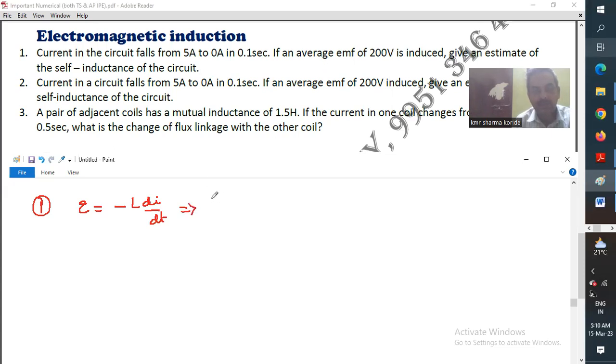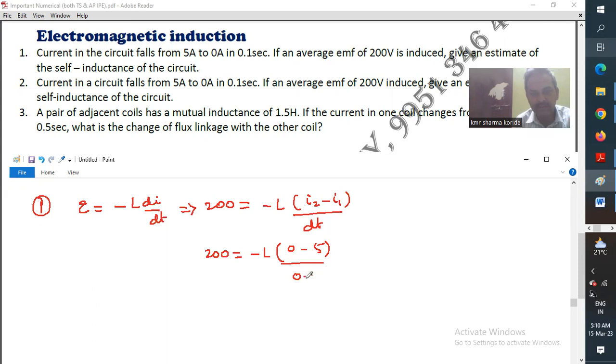EMF produced is L di by dt. So as per the question, EMF is given 200 volts. You're looking for L value. Then you can write this is I2 minus I1 divided by dt. So therefore, 200 is equal to minus L, I2 is 0 amperes, I1 is 5 amperes, divided by time 0.1 second.